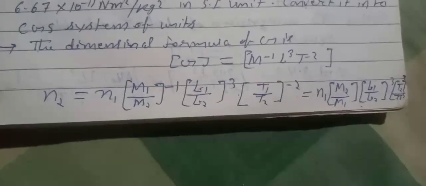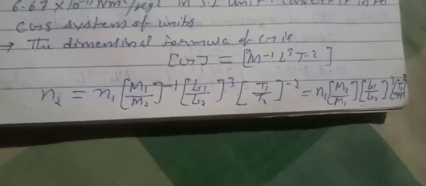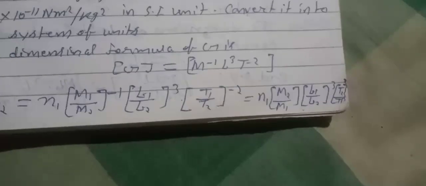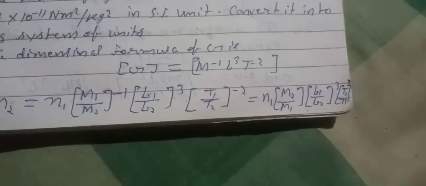Now we have formula n2 equals to n1 M1 by M2 to the power minus 1, L1 by L2 to the power 3 and T1 by T2 to the power minus 2, or this n2 equals to n1 into M2 by M1, L1 by L2 to the power 3 and T2 by T1 to the power 2.